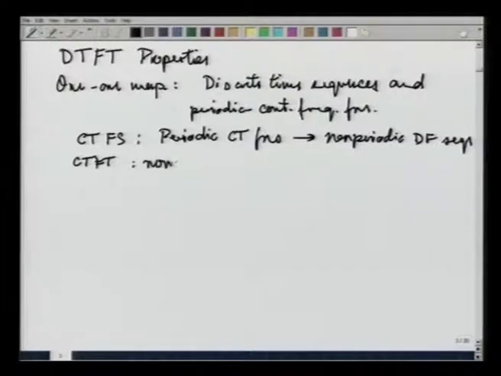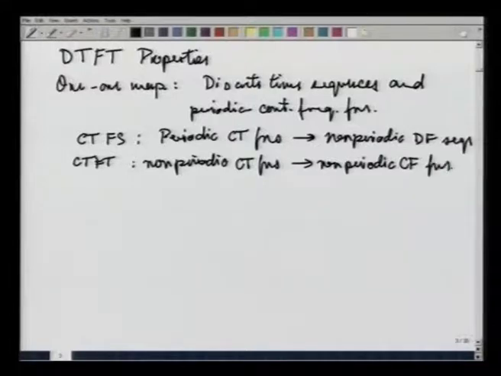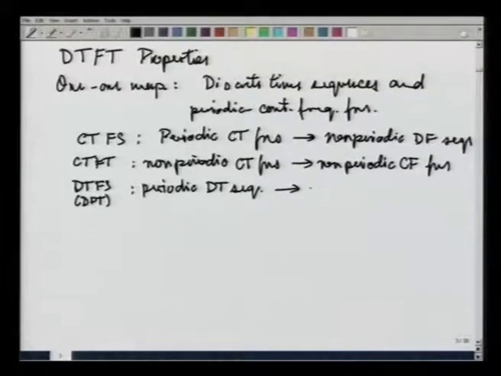Next, the CTFT mapped non-periodic continuous time functions to non-periodic continuous frequency functions. Next, the discrete time Fourier series, also called the DFT, mapped periodic discrete time sequences to periodic discrete frequency sequences.